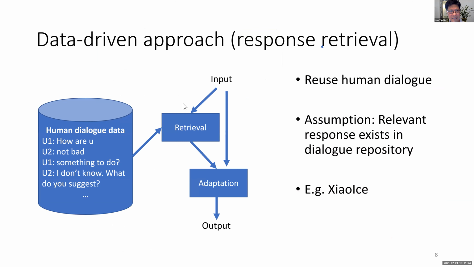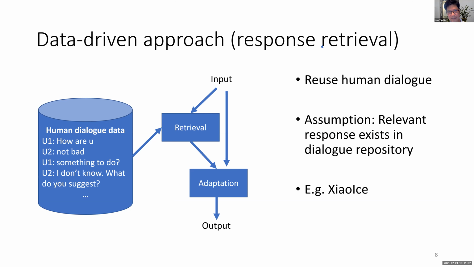Now, in addition to the response generation approaches I just mentioned, there is also another family of approaches which tries to use retrieval to retrieve relevant responses from a large data set. This data set is a large dialogue repository where you assume that you have a lot of rounds of human dialogue.